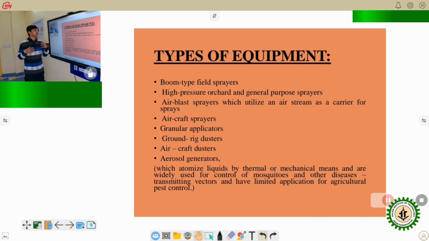There are different types of equipment we generally use: boom type, power operated type, aircraft type, and high pressure systems, which we use for operating sprayers and dusters, for proper automation of the liquid for fertilizer application purposes.